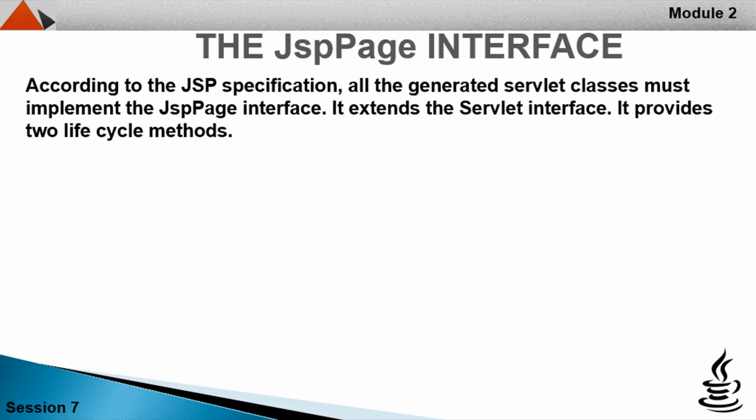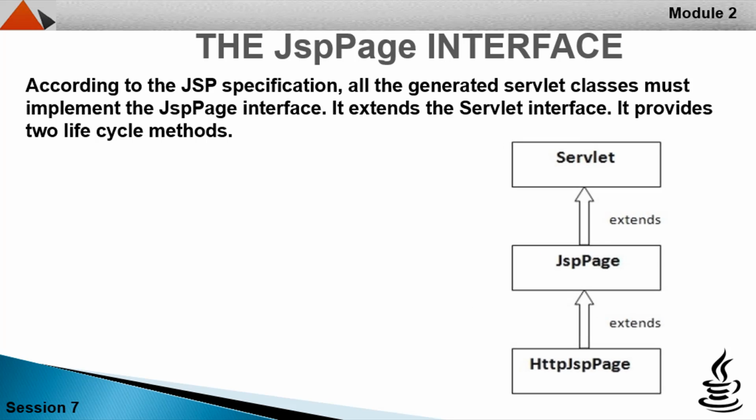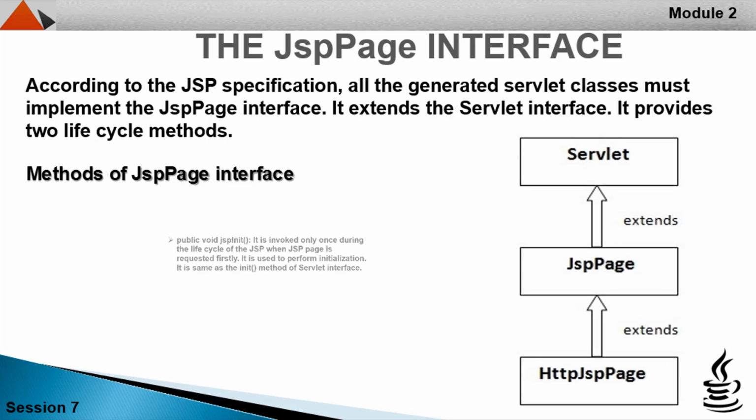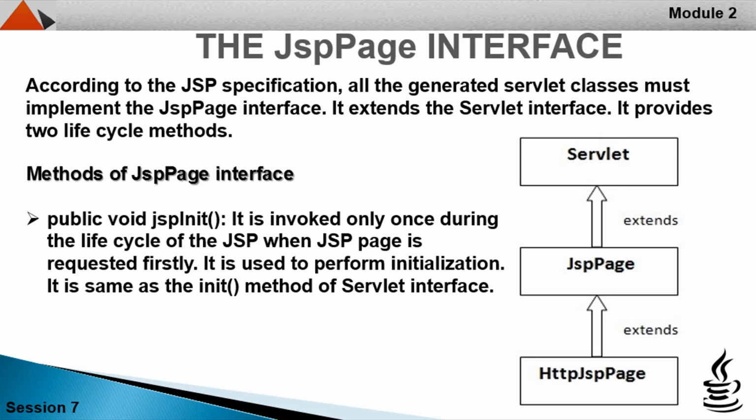The JspPage interface. According to the JSP specification, all the generated SCRIPTLET classes must implement the JspPage interface. It extends the SCRIPTLET interface. It provides two lifecycle methods. Methods of the JspPage interface: public void jspInit method. It is invoked only once during the life cycle of the JSP when the JSP page is requested first.